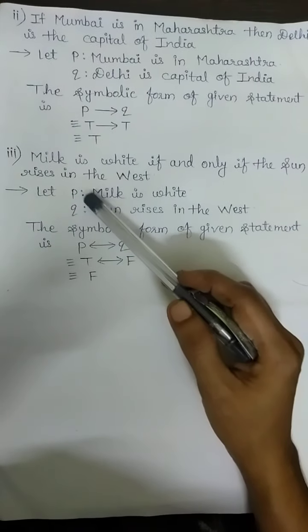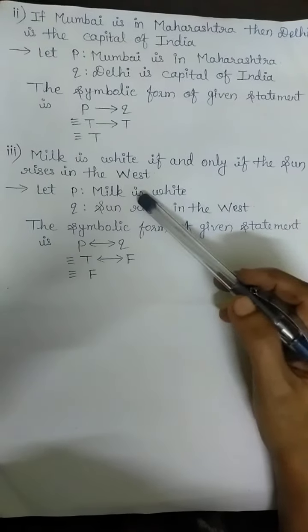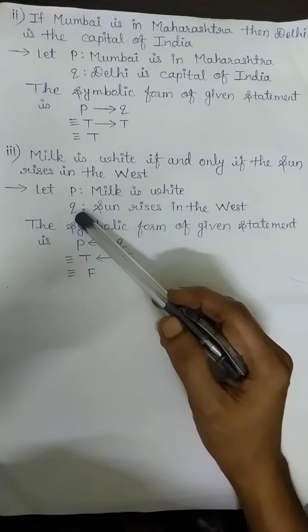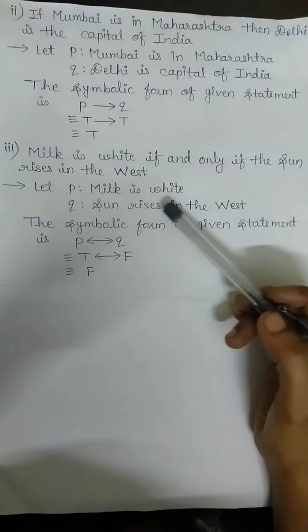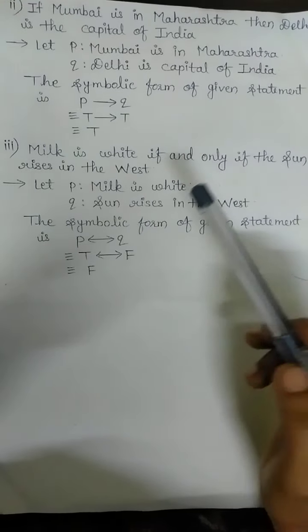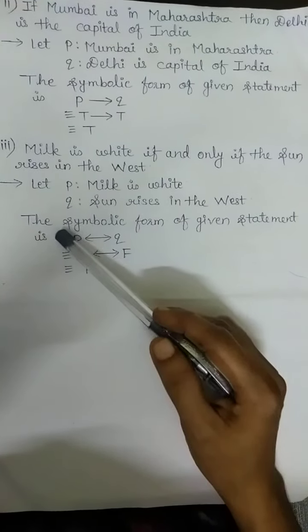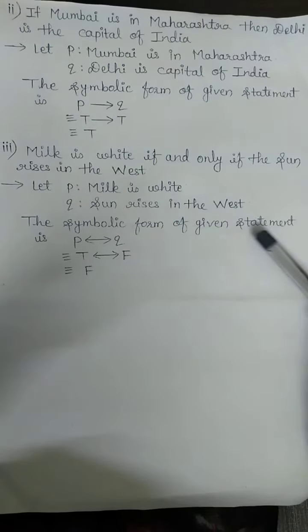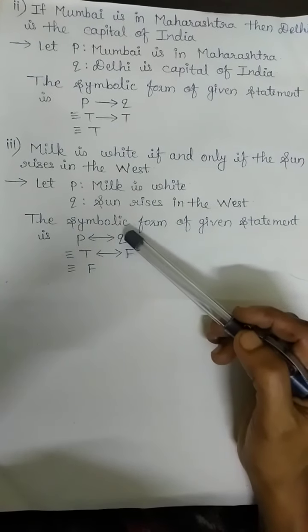Now the first simple statement P is milk is white. The other simple statement Q is the sun rises in the west. Here the logical connective used is if and only if, double implication, biconditional. So the symbolic form for the given statement is P double implies Q.